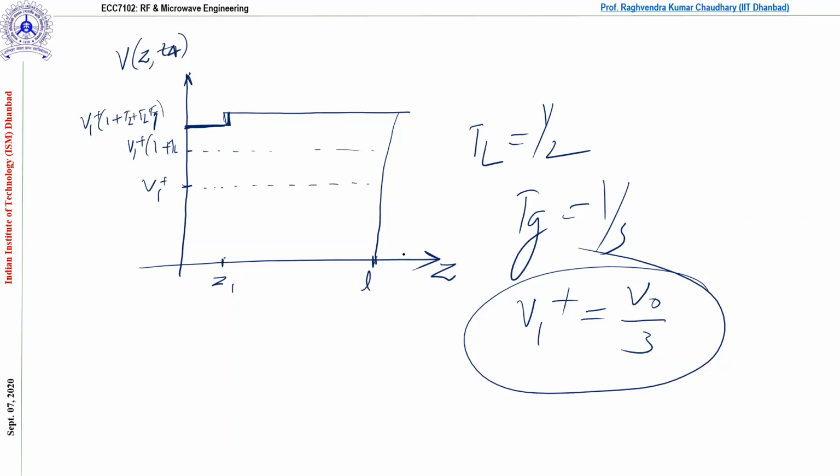Fine. This could also be true for the current wave as well. If I ask you to draw the current reflection diagram or current bounce diagram, you can do it in the same manner. But when you are dealing with the current, there will be a negative sign. You need to take care.